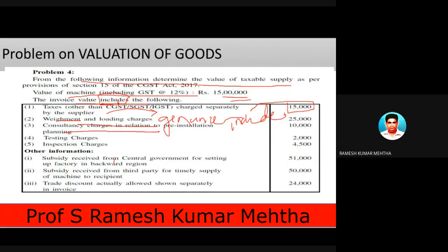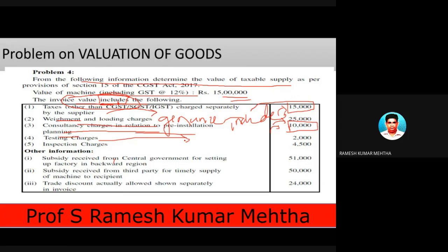Number three is consultancy charges in relation to pre-installation planning. So this is also required, because once you want to install, there is an element of consultancy charges that should be included, and rightly it has been included, so no adjustment. So nothing to do, because already it is included in the price, as we have already seen here.